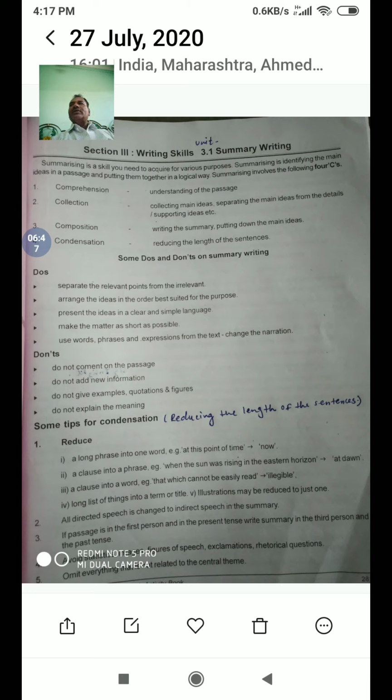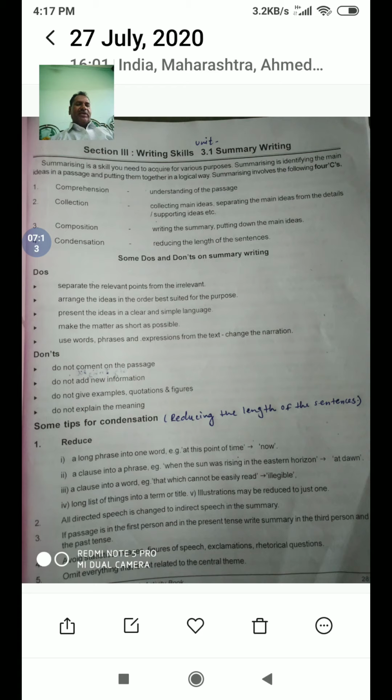Now let us see, the main idea can be found in the writing at three places. The first one is the beginning, the second one is the middle, and the last one is the end part. The writer may give the topic and main idea at the beginning and continue with details to support the idea.